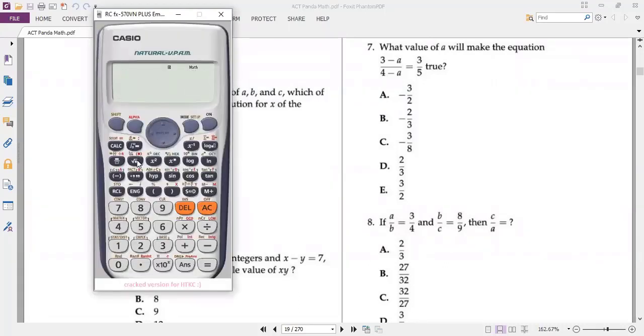So here, just write the fraction 3 minus x, no a here, just x, over 4 minus x as well. So x is instead of a, equal to another fraction, 3 over 5.